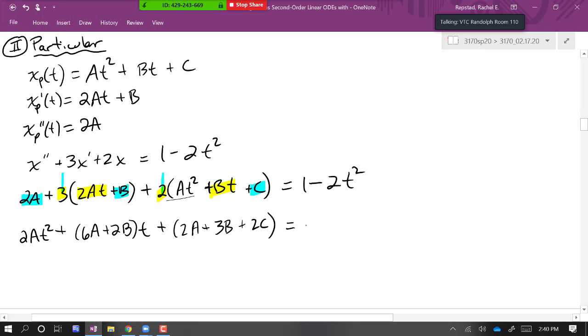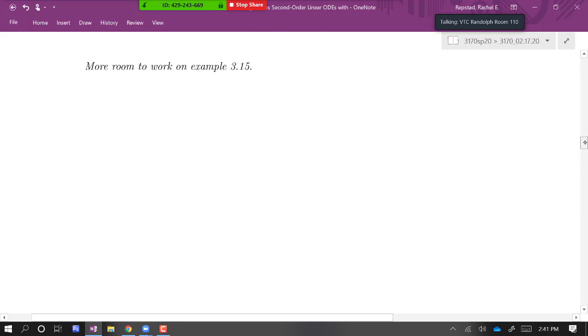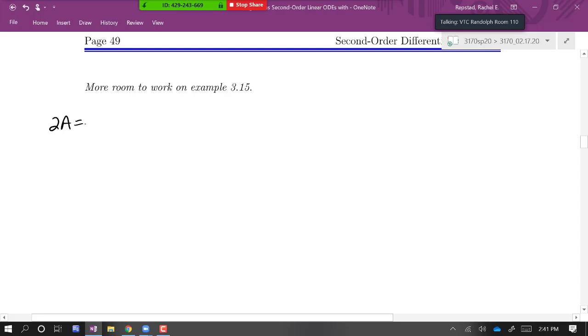And now on the other side, I'm going to write this in a particular way that I hope is helpful. Negative 2t squared plus 0t plus 1. I want to write the 0t term to help me organize my thoughts. If the polynomial on the left is equal to the polynomial on the right, the only way that happens is if the coefficients on t squared are the same. So that means that 2a equals negative 2.